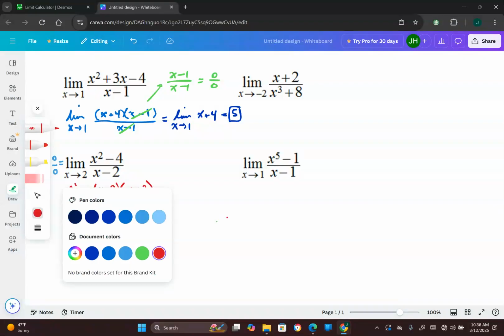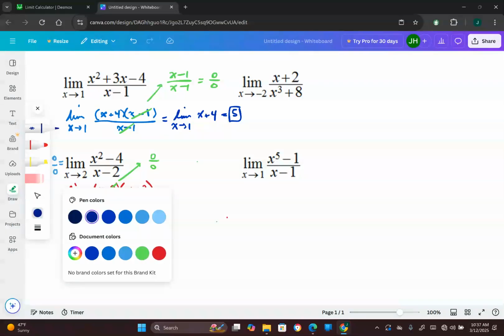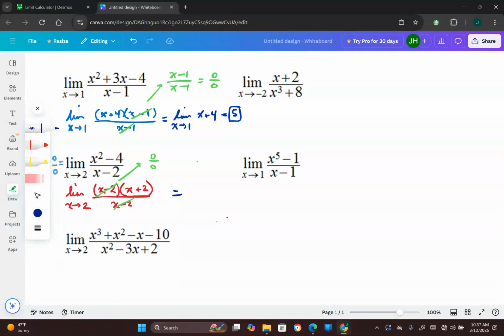And notice again, I've got some factors that are going to cancel out here. My x minus 2s are gone. And ladies and gentlemen, again, that x minus 2 over x minus 2, you are canceling out the 0 over 0. So how do I finish out my limit here? Well, I can now just plug in the 2. 2 plus 2. My limit here is 4.